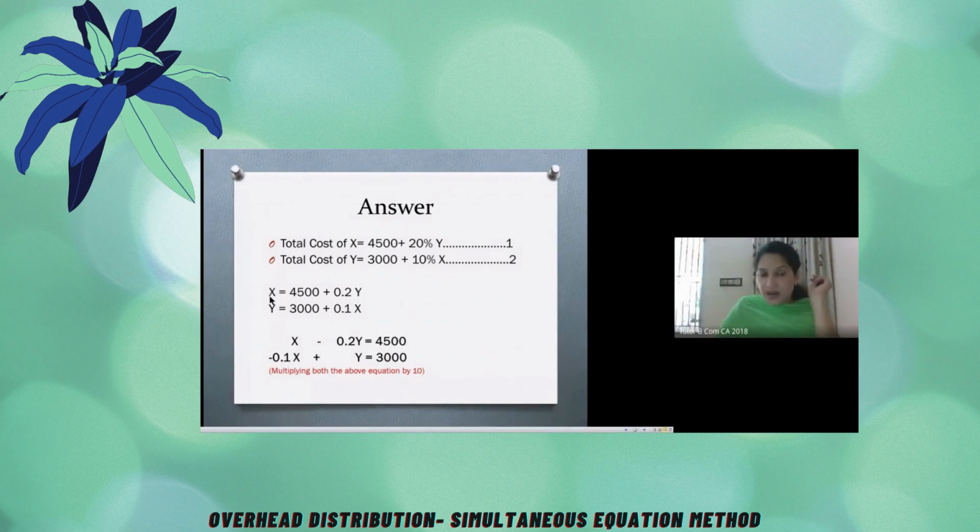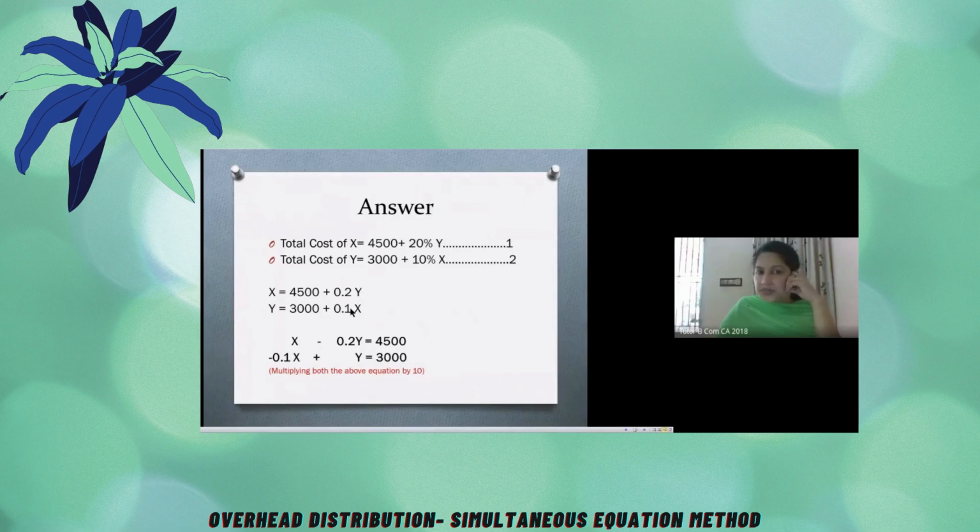So here, X and Y, these are the service departments. So what we will do, it will be like this: X minus 0.2Y, 4,500 was already there. In this case, since we wanted X together for solving it, what did we do?